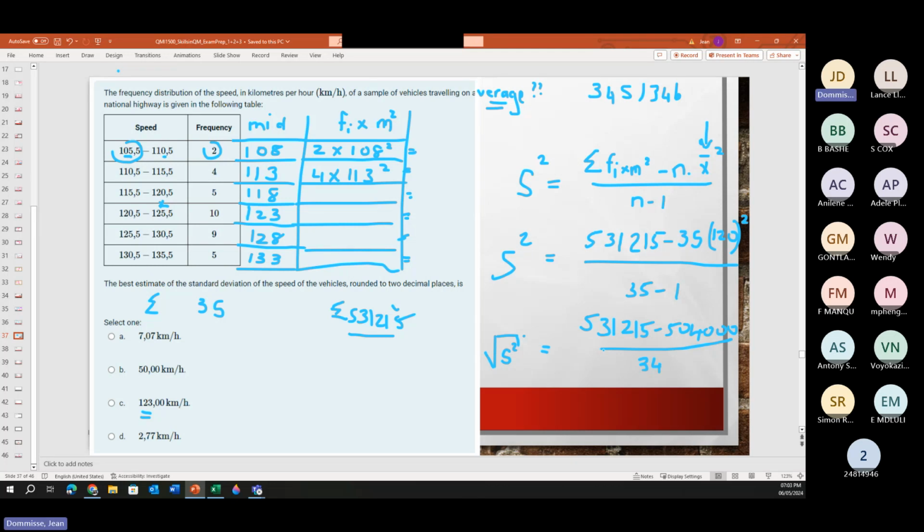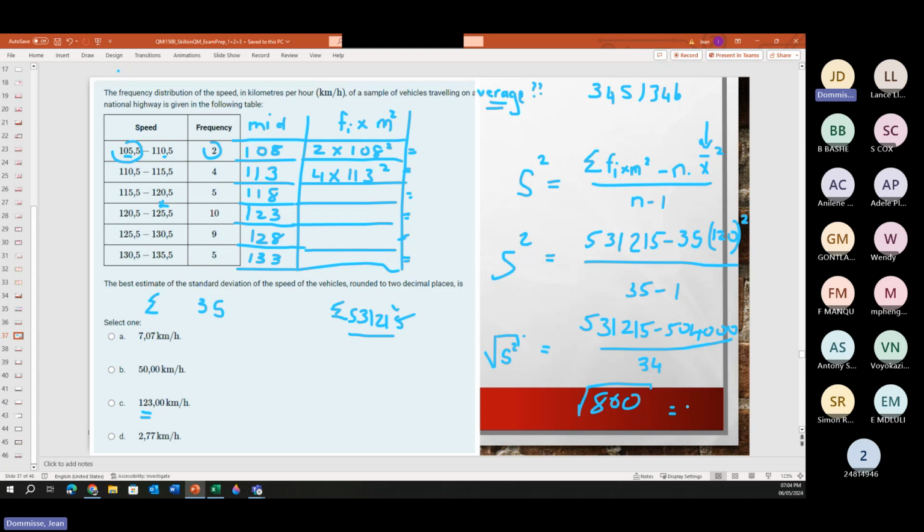So that is 27,200. If we divide by 34, we get 800. So if we take the square root of 800, again, there isn't one of those answers probably. So again, we get 28.